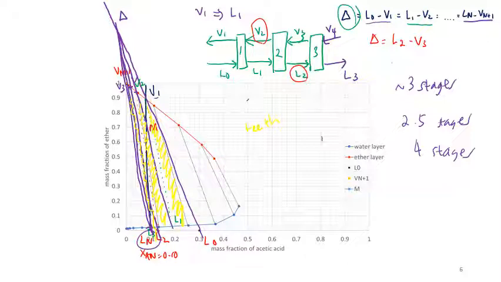In other words, how many times you have to repeat it is the number of stages required for you to reach Ln here. Because you want to repeat the same process until you stop at xan equals the desired specification. In this case, xan equals 0.1.